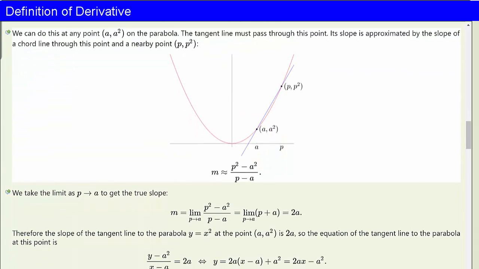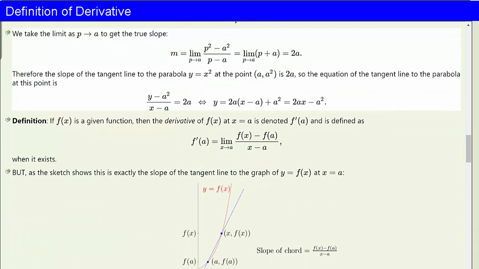Clearly we can do this at any point (a, a squared) on the parabola. The tangent line must pass through this point. Its slope is approximated by the slope of a chord line through this point and a nearby point (p, p squared). So m, the slope of the tangent line, is approximately the ratio p squared minus a squared over p minus a, using these two points to compute the slope of the chord line.